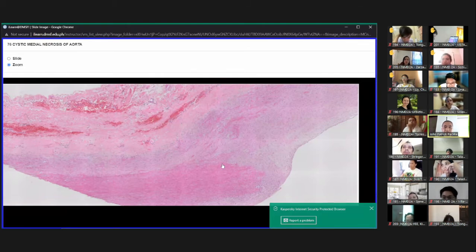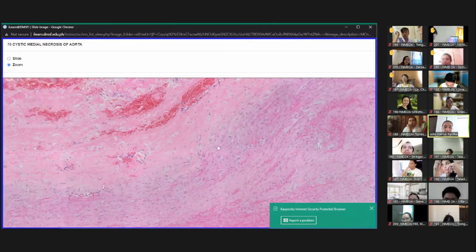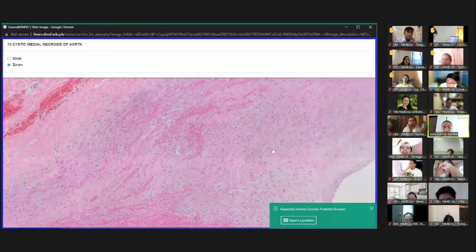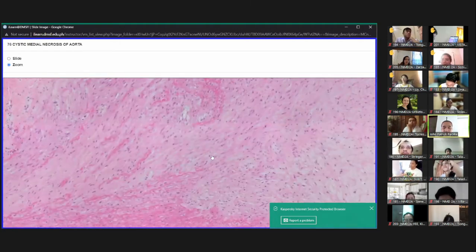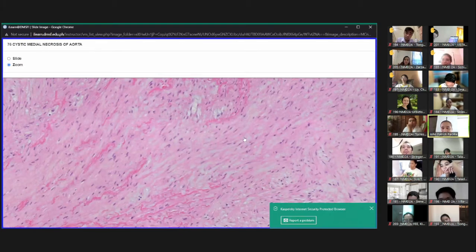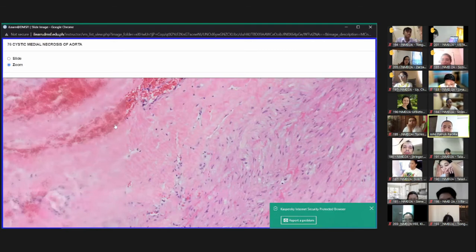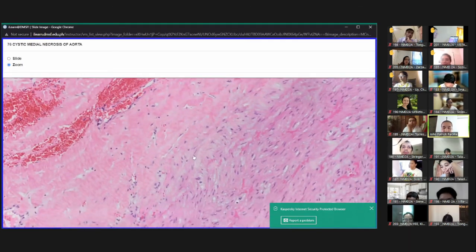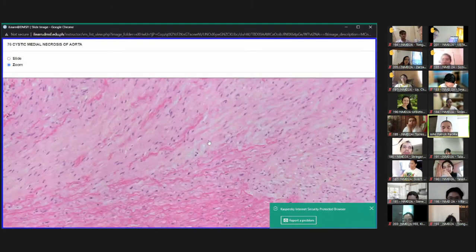In this particular area, you have the muscle fiber, but there are portions that would show separation of the smooth muscle fibers. They should be together like this. However, in some areas, you would see separation by this myxoid, amorphous material.